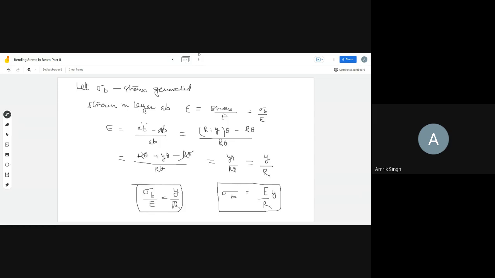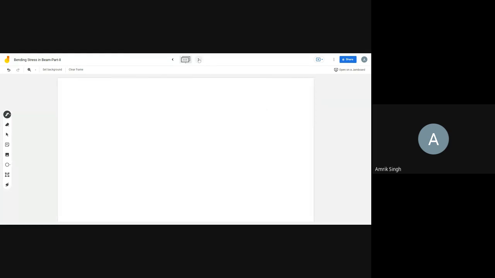So to prove the second part, let us assume that this beam is made up of a rectangular cross section, and this is the neutral axis, right?